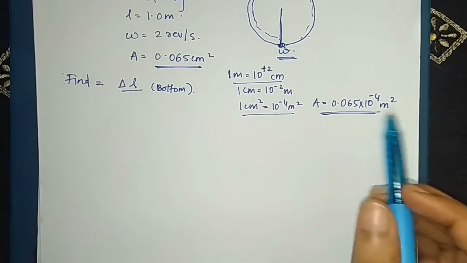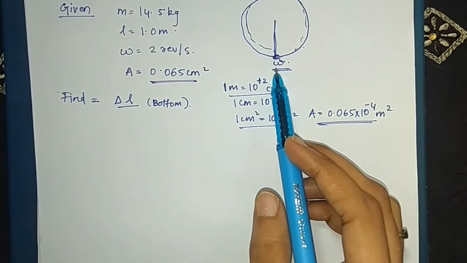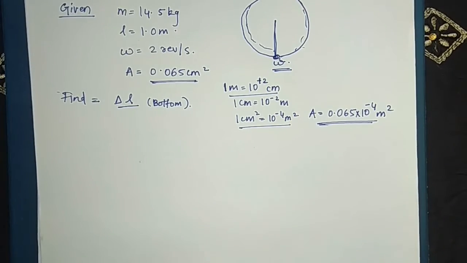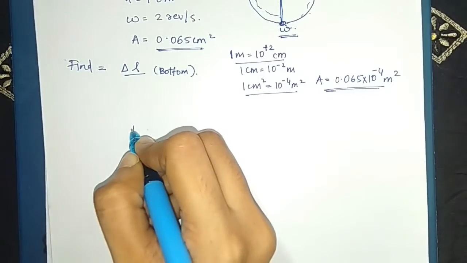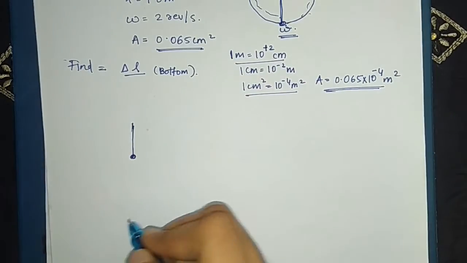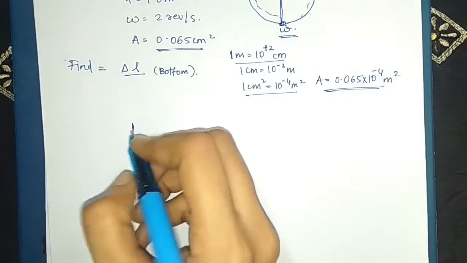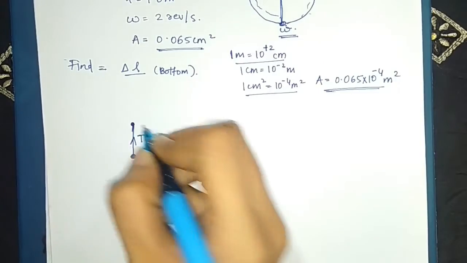Now let's look at what happens to the steel wire when it is whirled in a vertical circle, or let's look at the free body diagram. When I draw the free body diagram, there will be a mass attached to the steel wire. When we are whirling the mass, there will be a tension in the wire towards the center.